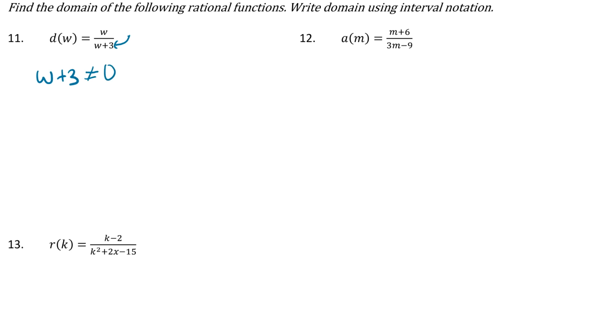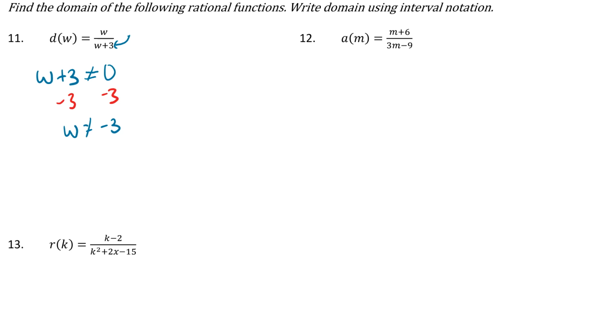Don't be scared about that does not equal sign. You can still do the same things as if it were a normal equal, so we're still going to solve it normally. We would just subtract 3 from both sides, which means w does not equal -3. Alright, so what that means is w can be anything except -3.